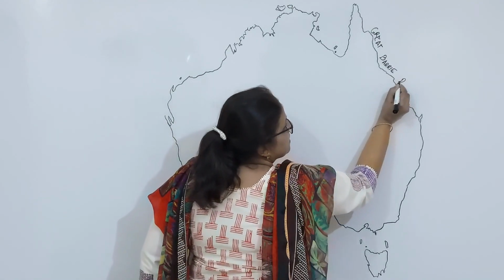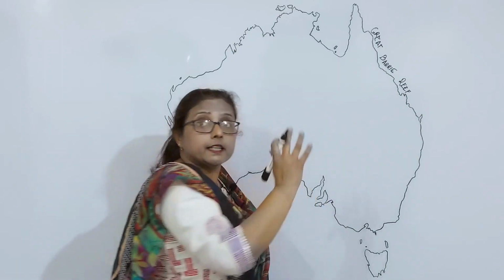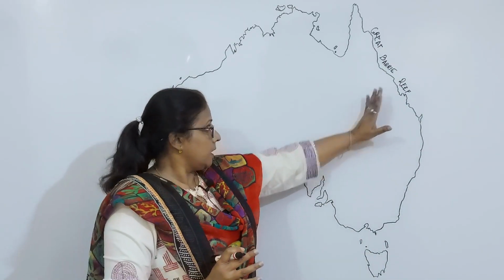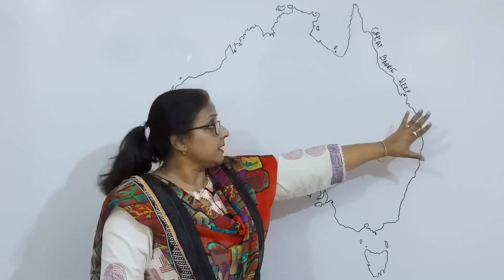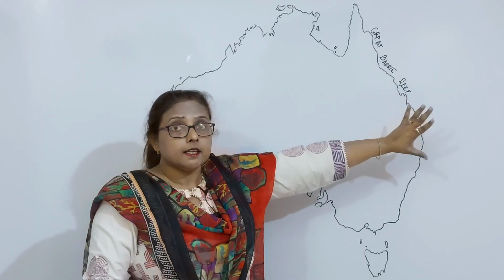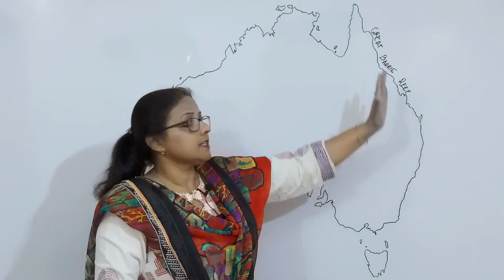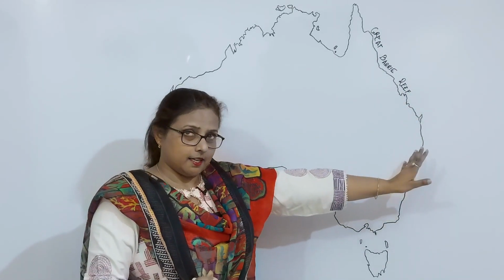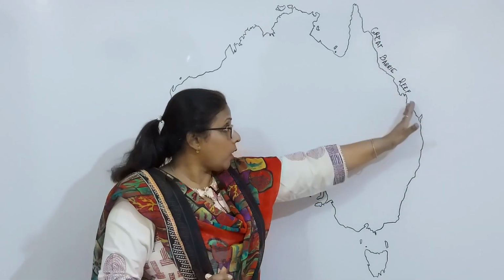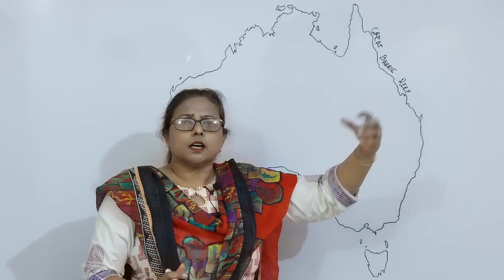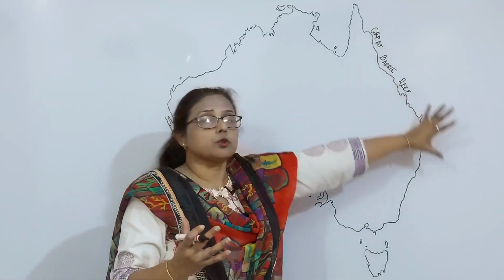Now these reefs are said to be nearly 1 million years of age, and they are of great importance because they appear to be as if tropical forest but under the sea. Why? Because these corals provide a lot of biodiversity to the fishes over here.